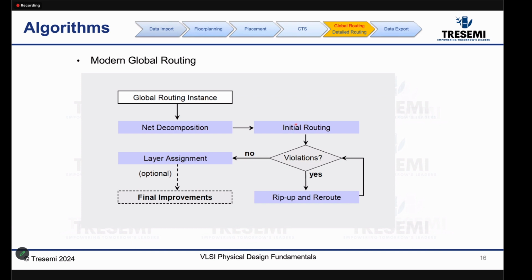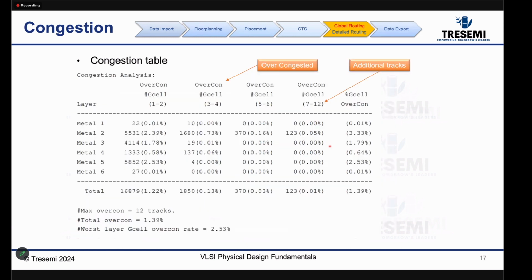Okay, so let's see. What do we get when we run through the global route? So usually we look at the congestion, right? That's how we determine the chance that we're going to be able to route this design, right?